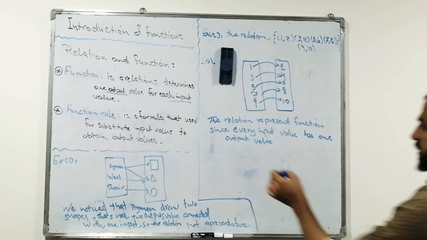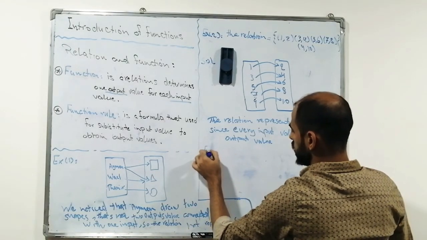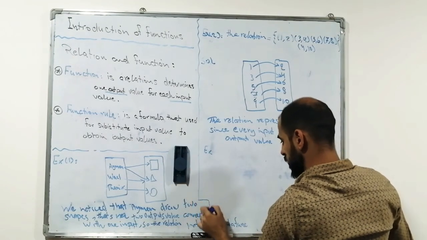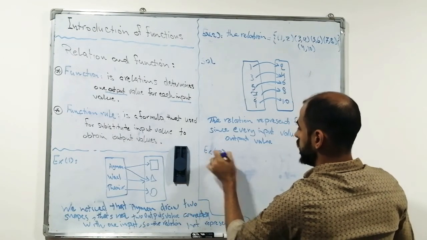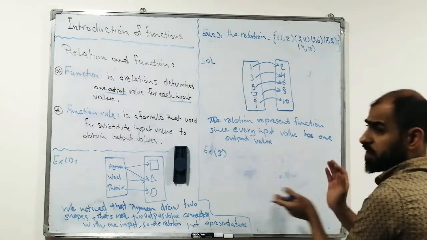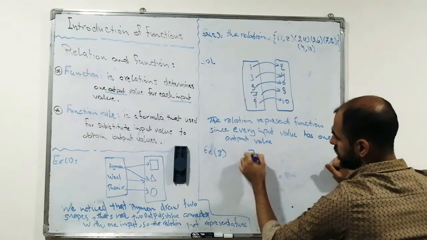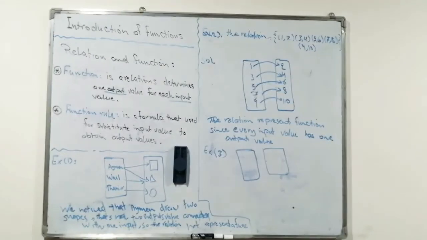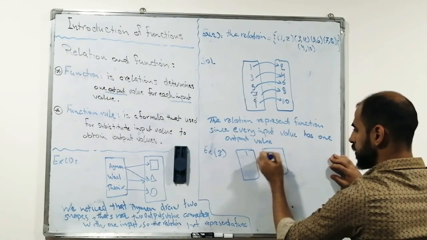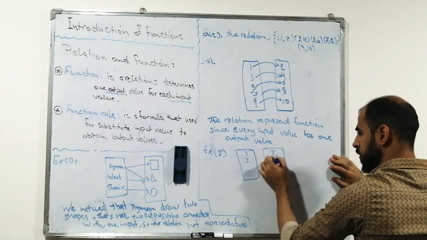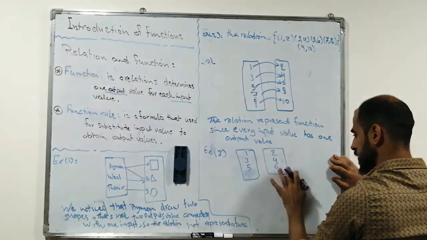Now we'll take another example, Example 3. Notice whether the nearby figure represents a function or not. He gave us a figure and told us to check if it represents a function.